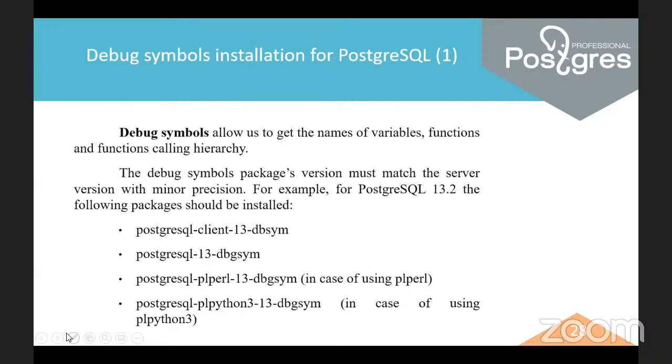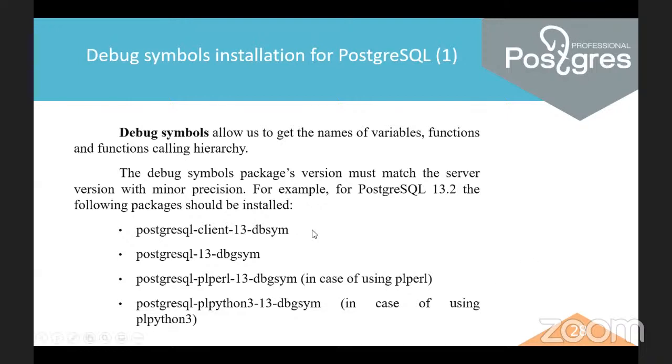For example, for Postgres version 13.2, the following packages should be installed. The first package is for client applications like psql, pg_dump, pg_restore. The second one is for Postgres itself and its extensions in the contrib module, like pg_stat_statements, like auto_explain, like uuid-ossp, and many others.